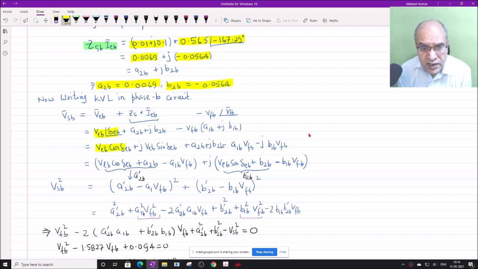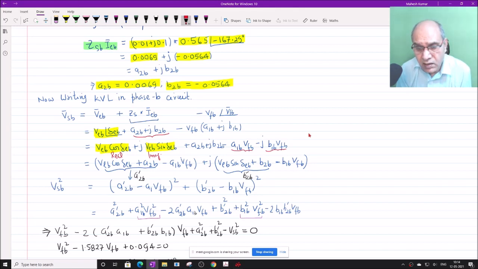Therefore, it has a cosine term and sine term, real part and imaginary part. Okay, this is the real part and this is the imaginary part. Then this is A2B and B2B, and this becomes BF A1B and B1B and BFB.